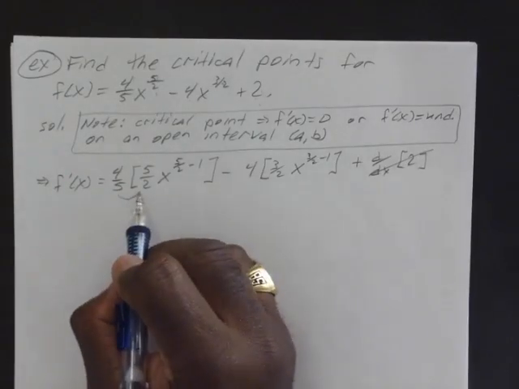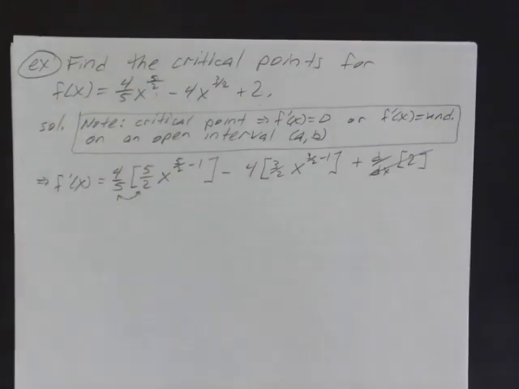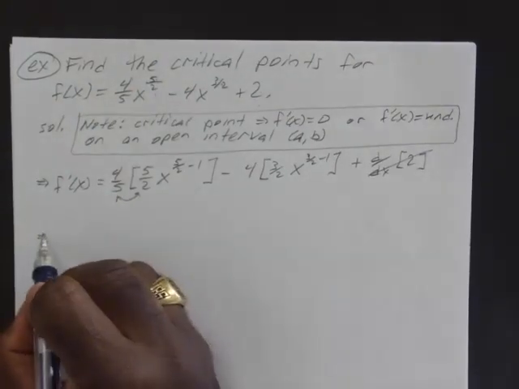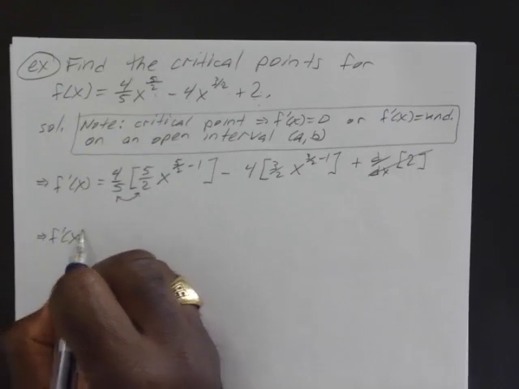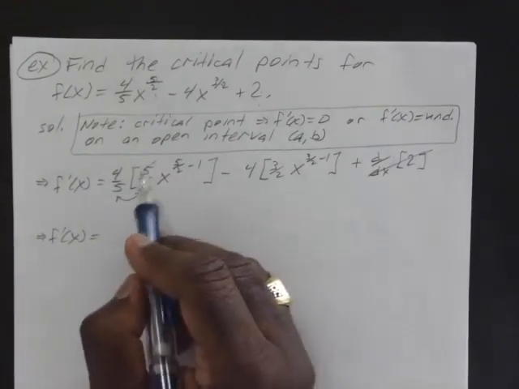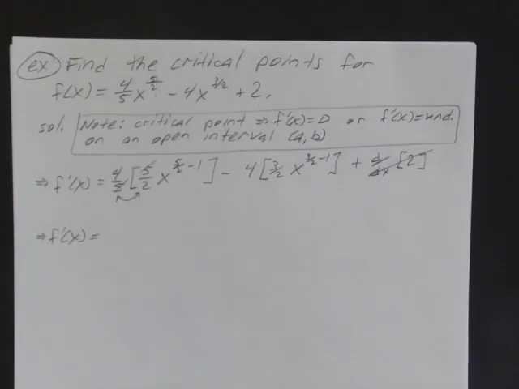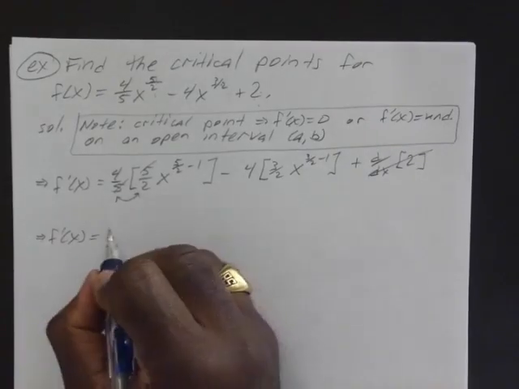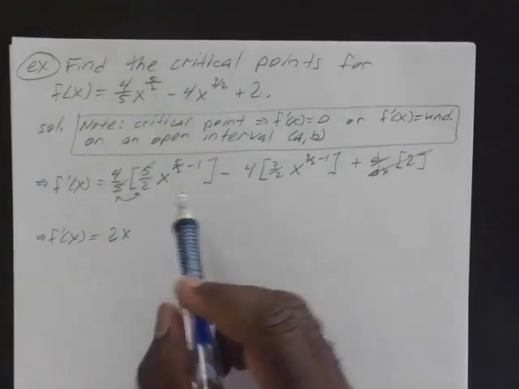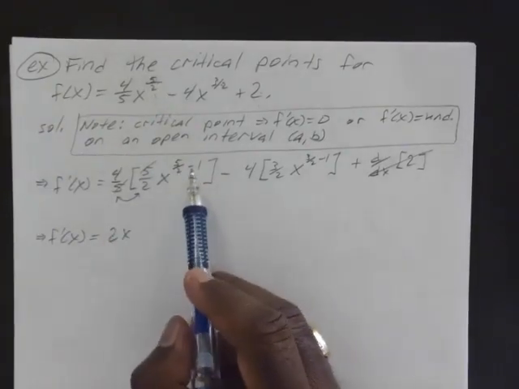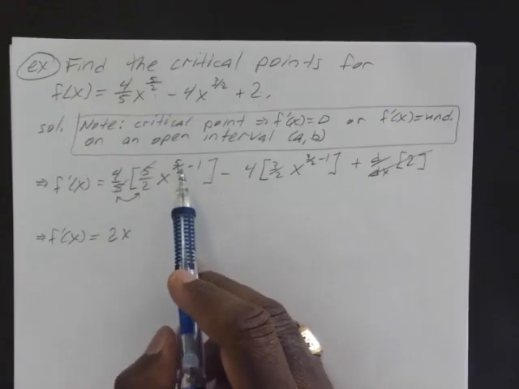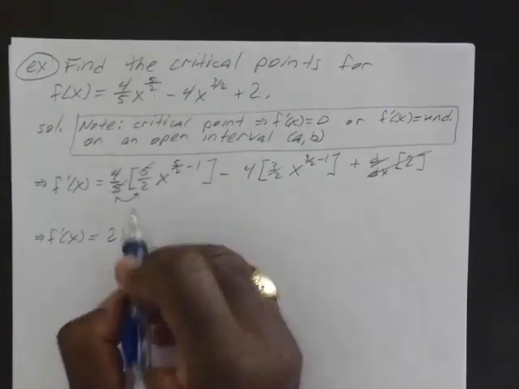Okay, so if we go ahead and multiply these two together, just to simplify it, we know f prime of x is equal to, the two 5s cancel each other out. So we have 4 divided by 2, which is just 2. So 2 times x to the 5/2 minus 1. So we have 5/2 minus 2/2 is 3/2.